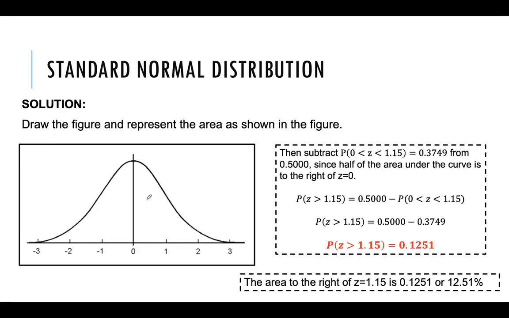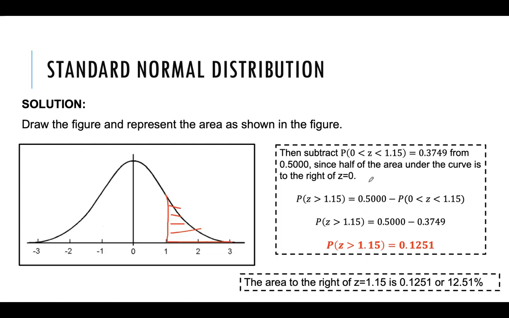Again, what we are looking for here is the area to the right of 1.15. Since we only use one side, class, as we said, the right side is 50 percent and the left side is 50 percent. So we have to subtract the area of the z value of 1.15, 0.3749, from 0.5000, since half of the area under the curve is to the right of the z value of 0.